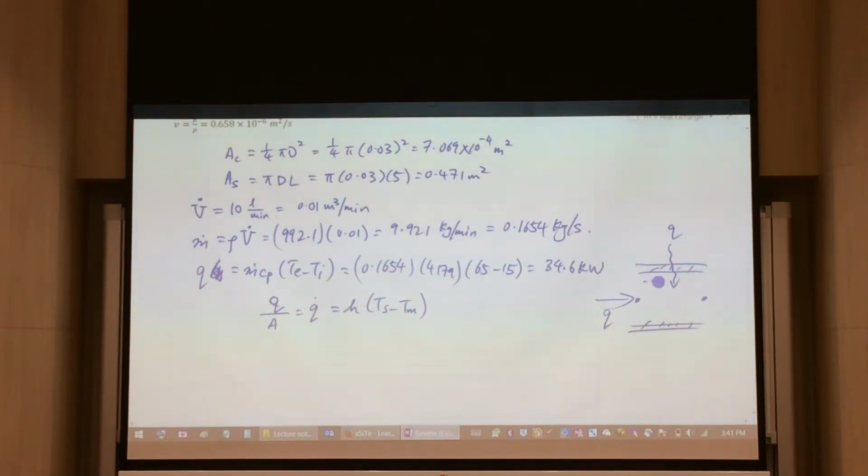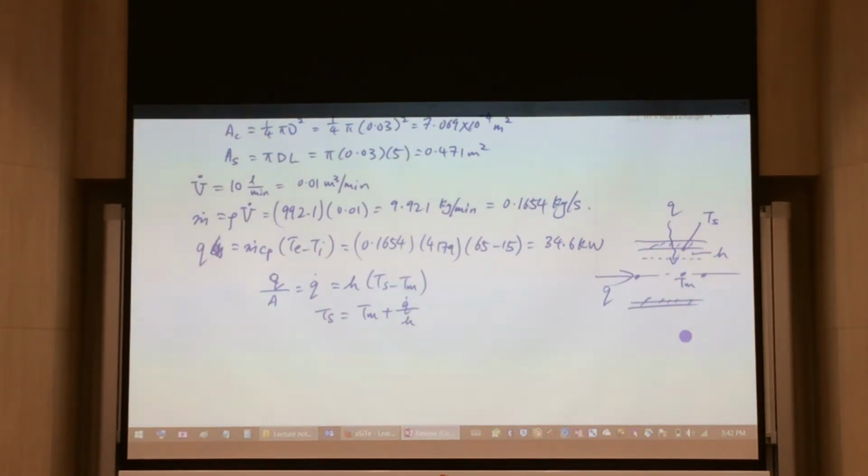So we'll be looking at this boundary layer, and within this has the convection heat transfer coefficient H. There will be a surface temperature that is called Ts, and then the mean temperature that is called Tm. This mean temperature resides in the core of your pipe. Right? So we could re-express this with Ts as a subject. That will give us Tm plus Q dot divided by H. And later on, we will make use of that.